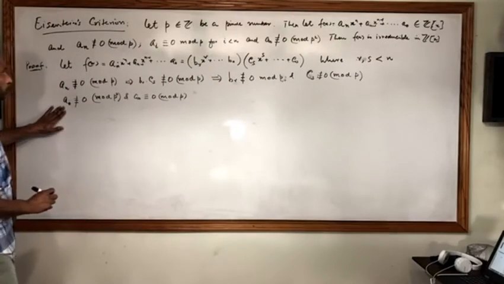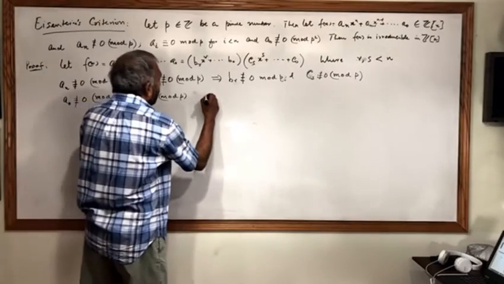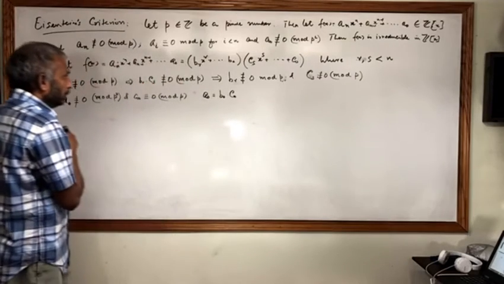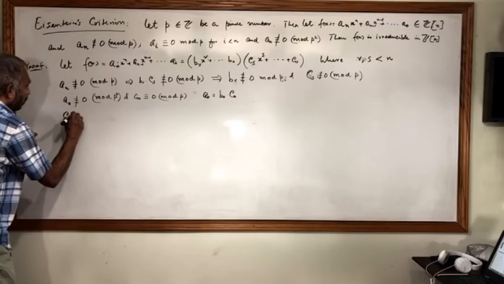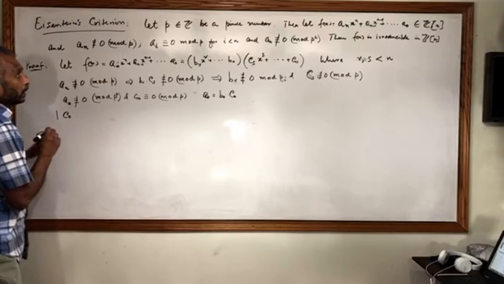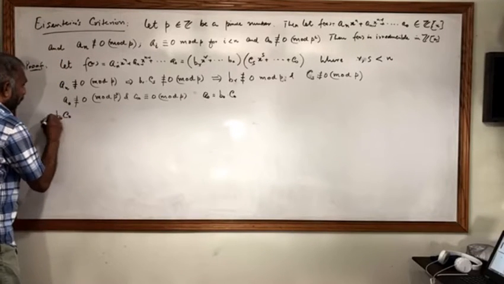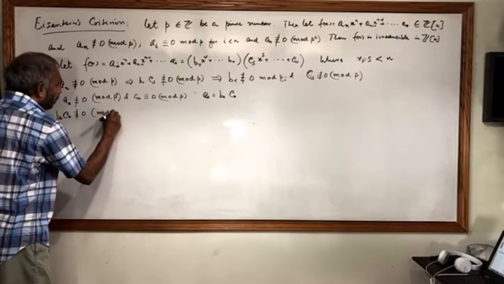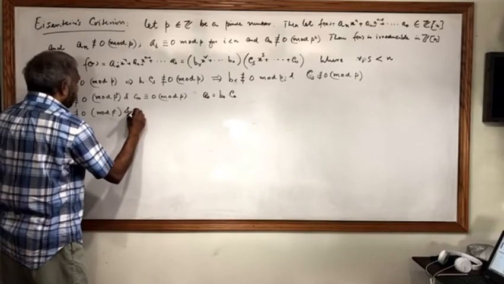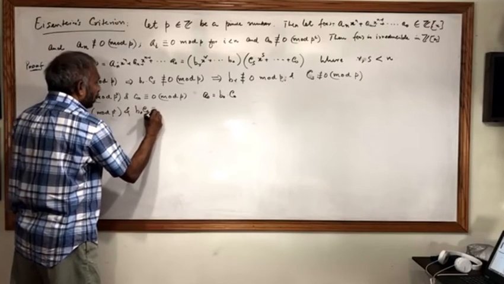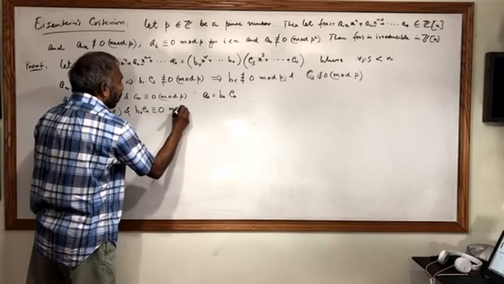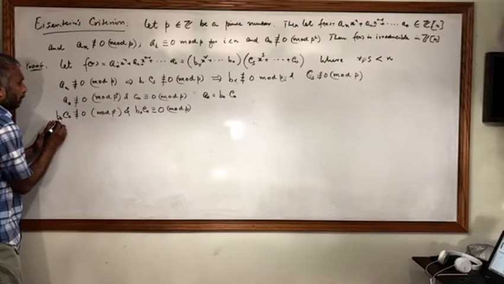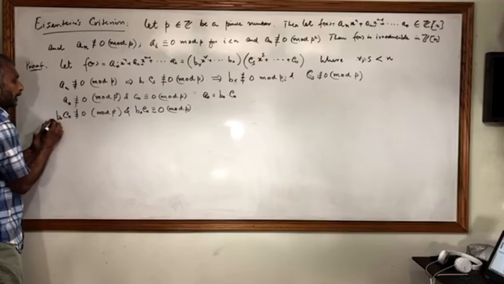So that means, what is a0? a0 equals b0 times c0. That means b0 c0 is not equal to 0 mod p square, and b0 c0 is equal to 0 mod p. That means one of them is a multiple of p and the other one is not.